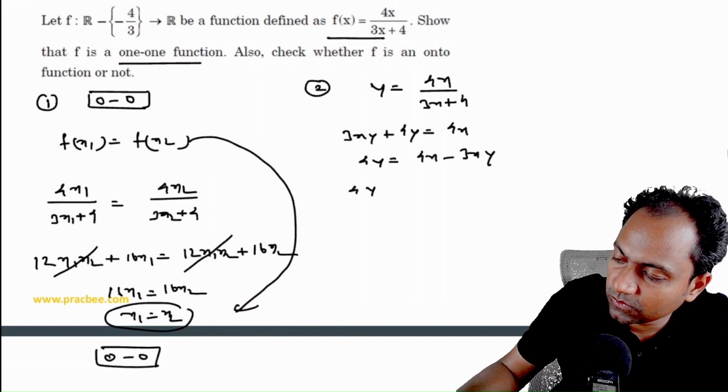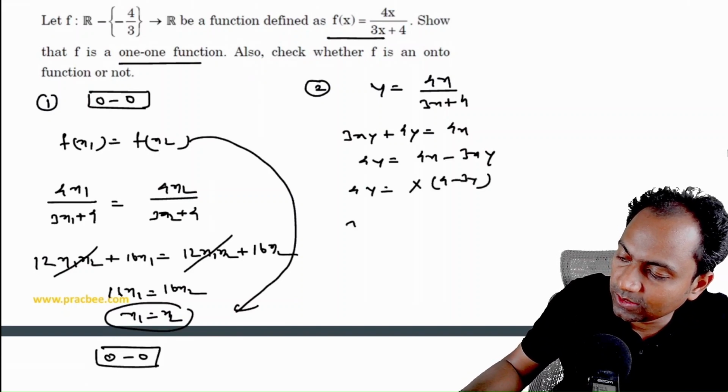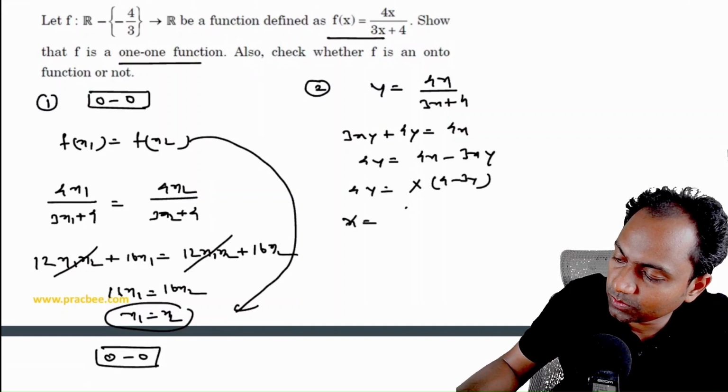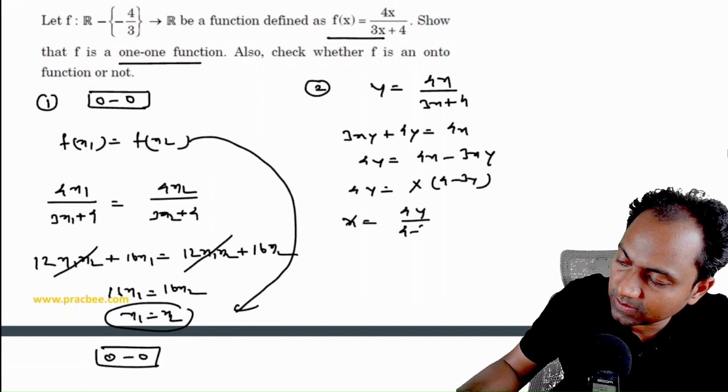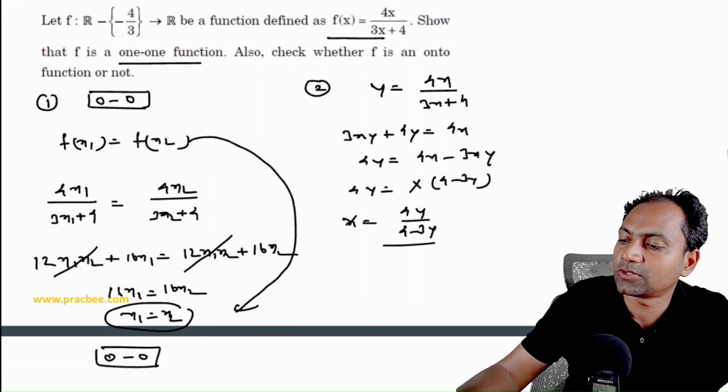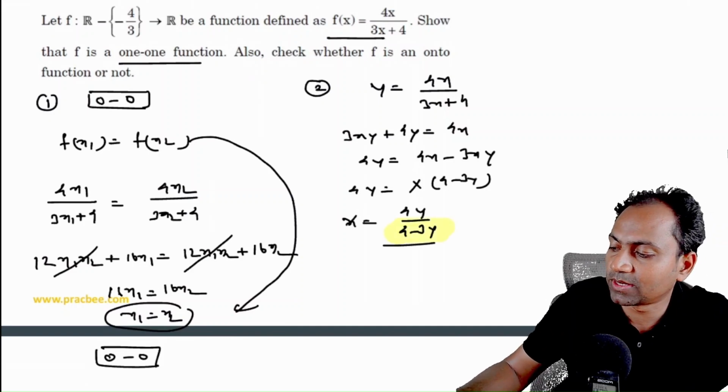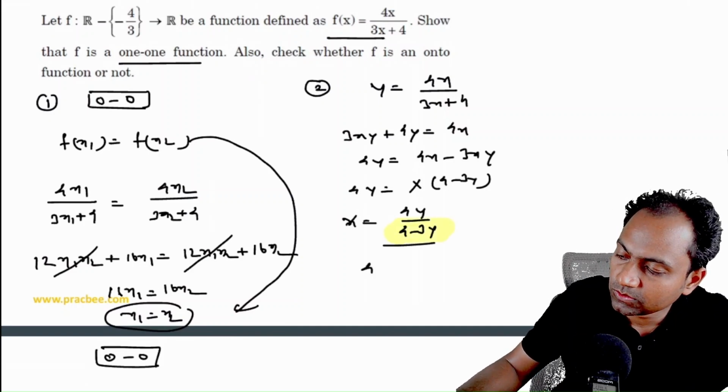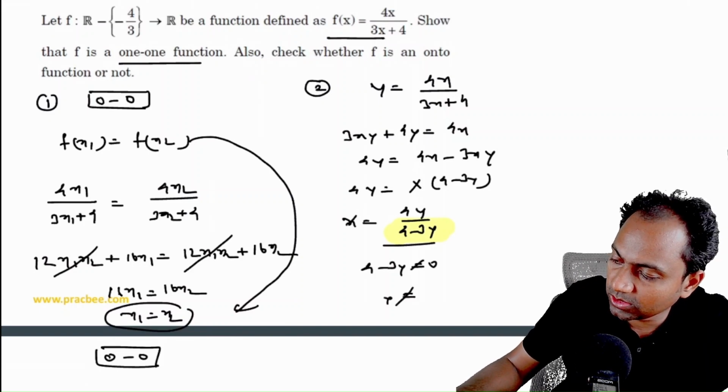So it becomes 4y is equal to x into 4 minus 3y. So the value of x in terms of y comes out to be 4y by 4 minus 3y. Now in order to find domain, it is very simple. Denominator cannot be equal to 0. So 4 minus 3y is not equal to 0. So you can see that y is not equal to 4 by 3.